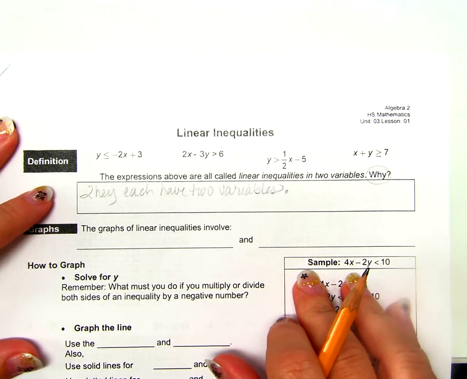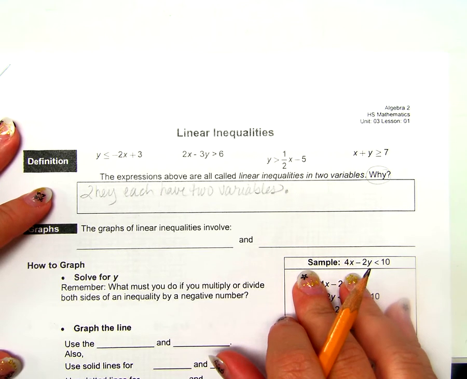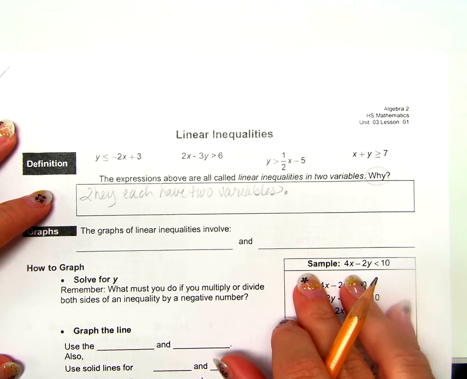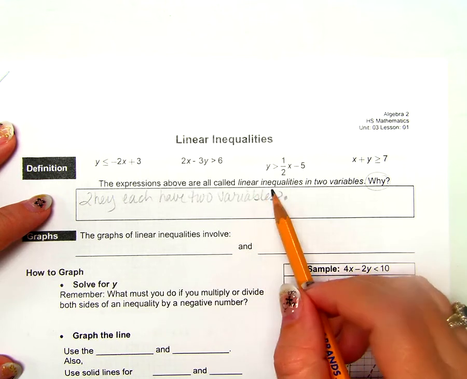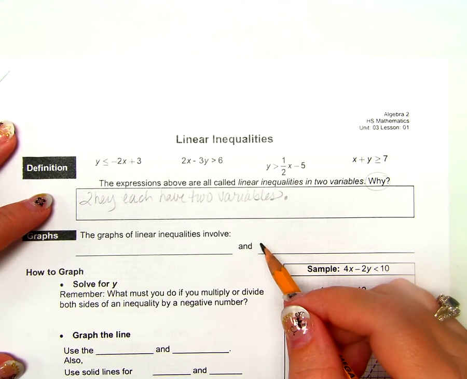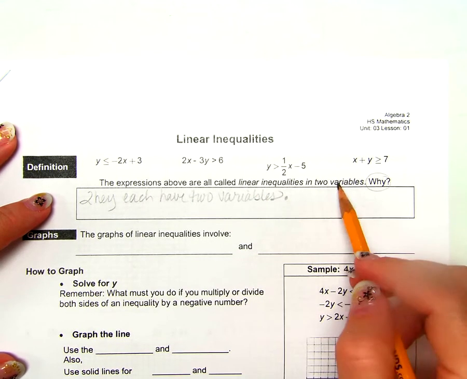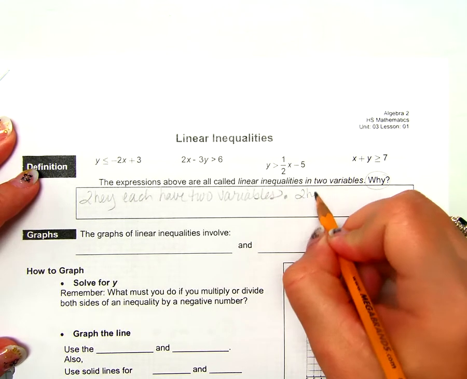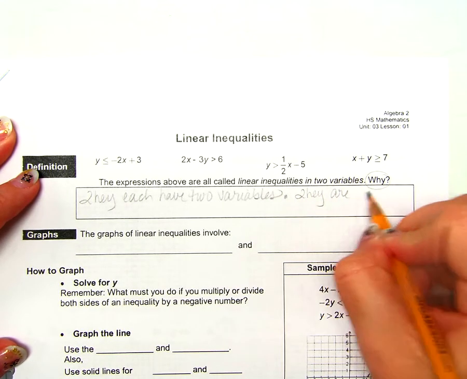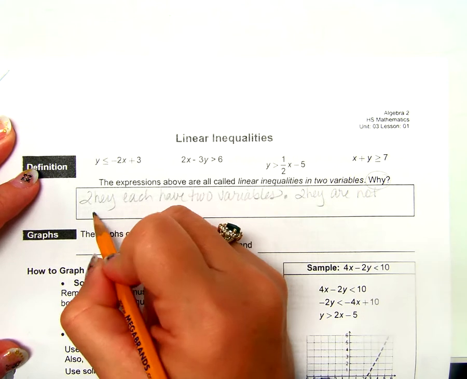That seems pretty obvious, but guess what? It is. Right? So why are they called linear inequalities? We got the 2 variables part. They are not equal.